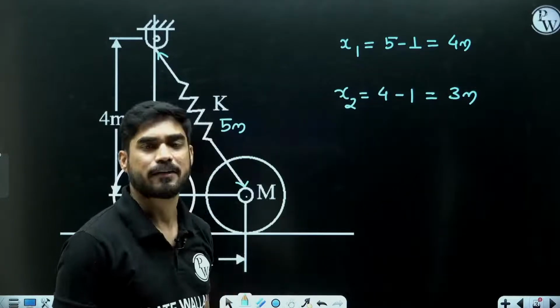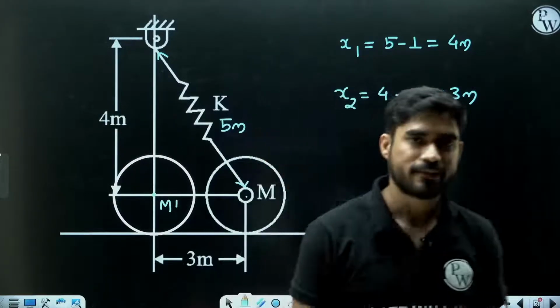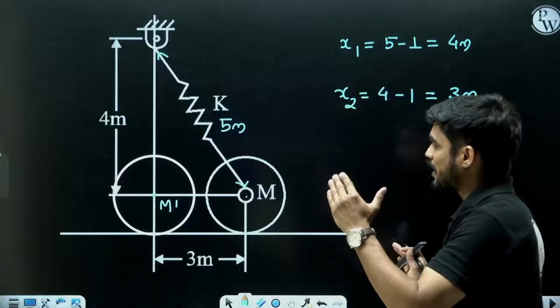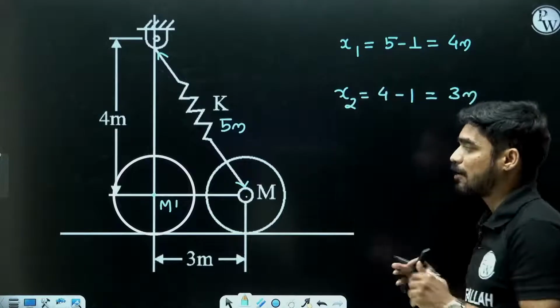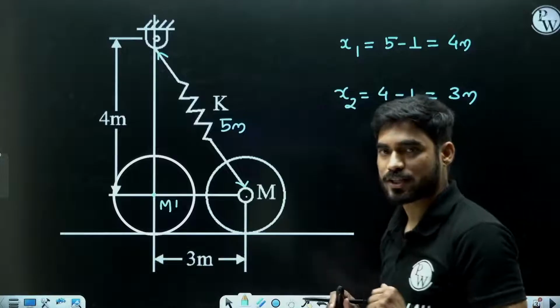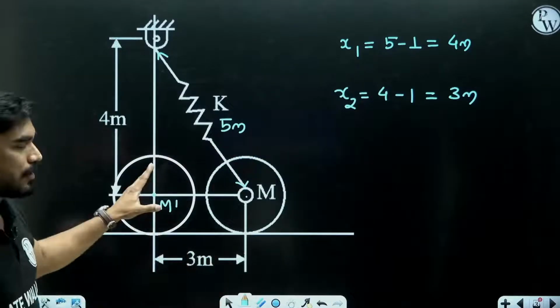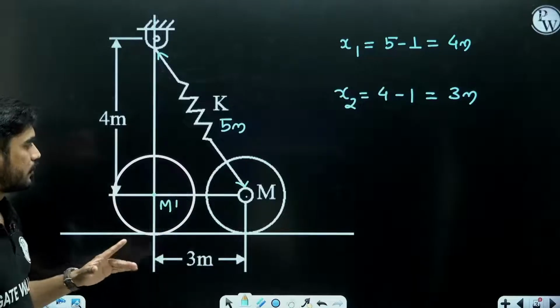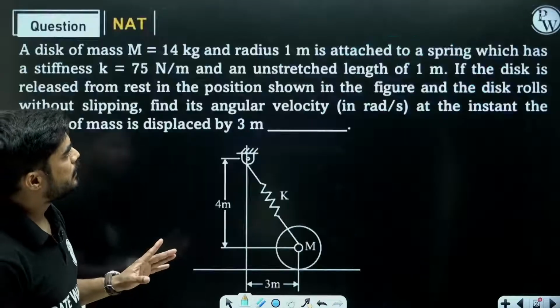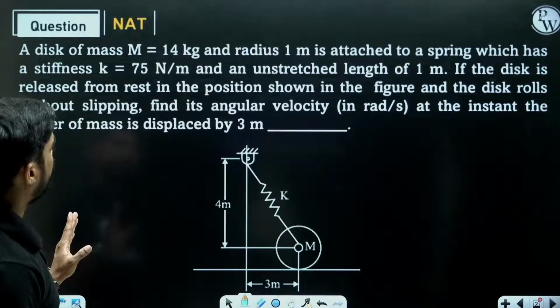What does this mean? It means this spring is losing potential energy, right? Initially it was stretched by 4 meter and now it is stretched by 3 meter. So this spring lost potential energy and the energy of the disk increased, right? At this position the disk was at rest.